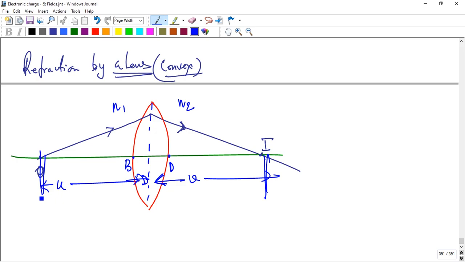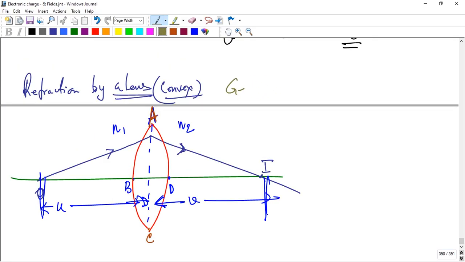Here the surface is ABC, actually the ABC interface, and here is the ADB interface, or we say the surface. This is the geometrical image formation by the double convex lens.